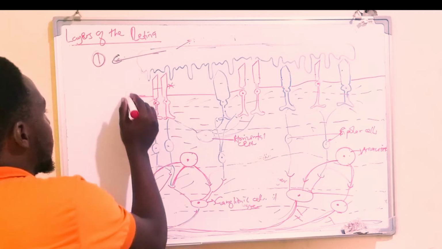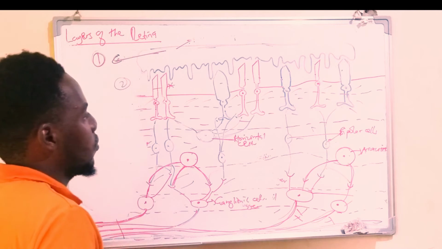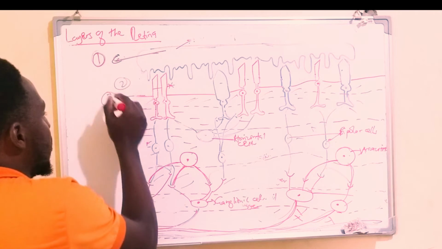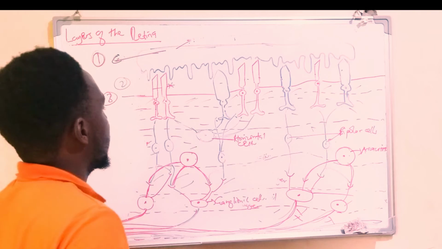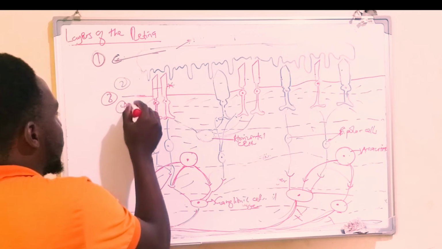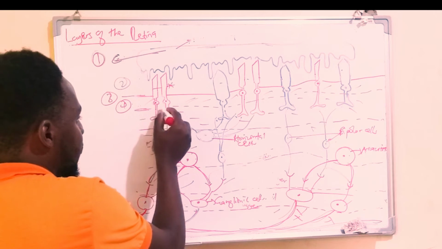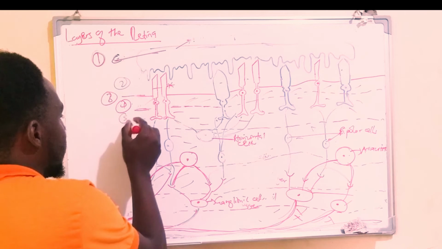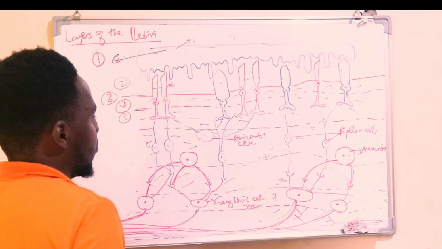Then the second layer, the layer of cones and rods. Then the third layer, the external limiting membrane. Then the fourth layer, the outer nuclear layer. Then the fifth, the outer plexiform layer.